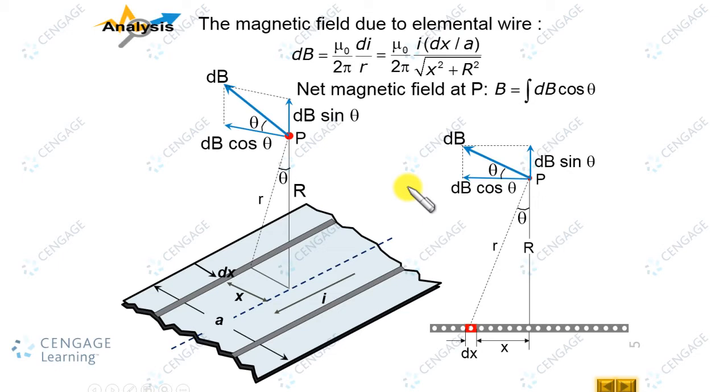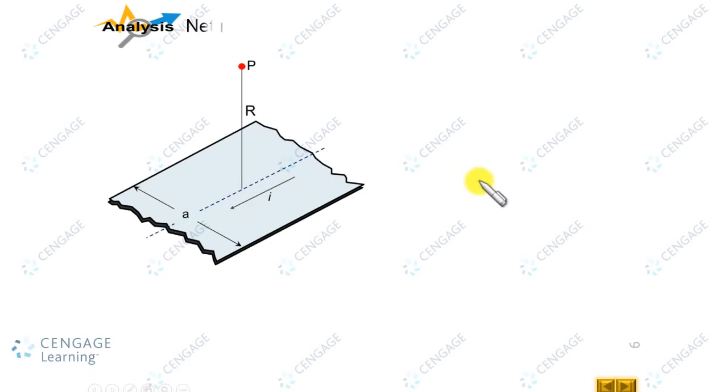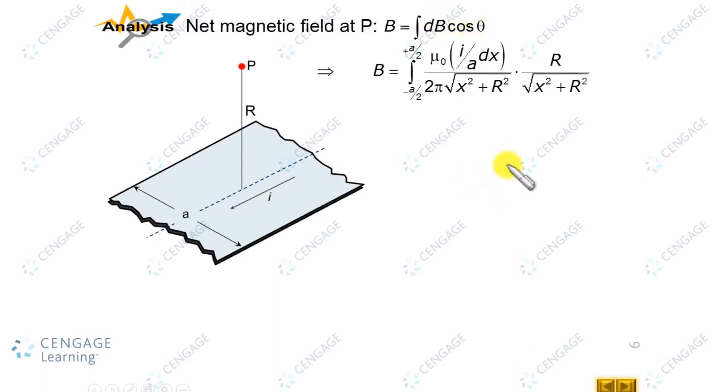Now we need to find this integration, and we know the value of dB, that is mu naught divided by 2 pi, I dx divided by a, and this is 2 pi under root x square plus R square. Okay, and cos theta is equal to capital R divided by small r, and small r equal to under root x square plus R square. So let us write this value, that is the integral dB cos theta. Now value of dB and cos theta.